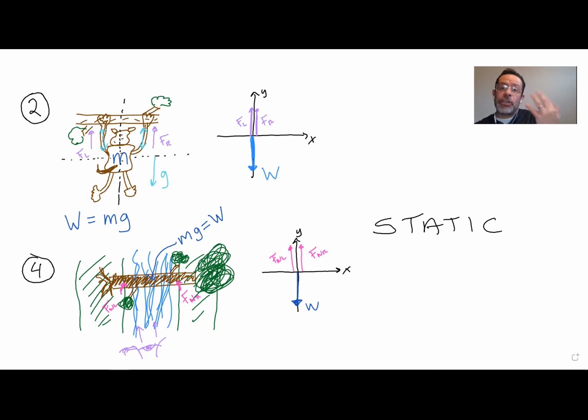Over here, the definition of the problem says that the monkey is trying to pull itself upwards. That means that there is movement. So this is dynamic. Good job, Ricardo. That's the main difference.